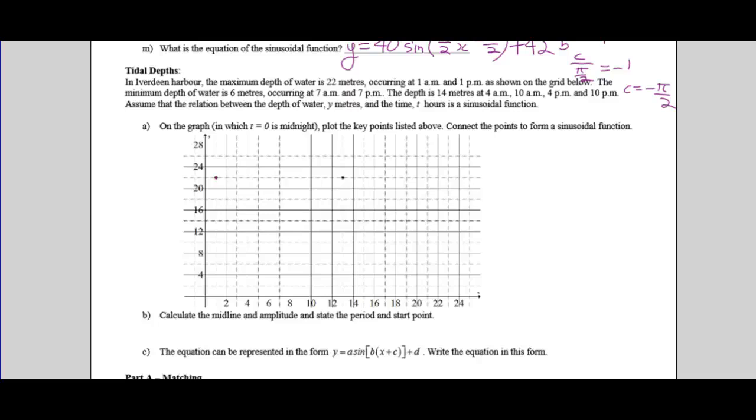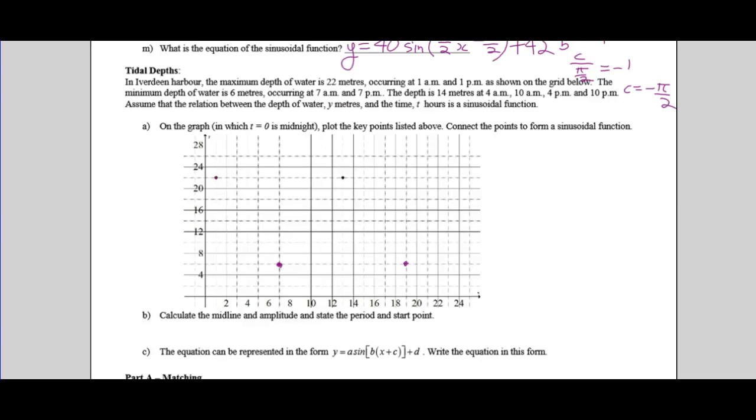The minimum depth of water is 6 meters, occurring at 7 a.m. So we got 2, 4, 6. This will be 7 and 6 meters. So we're going to plot that point there. And 7 p.m. What's 7 p.m.? 19. Okay, so there's 18, 19, 2, 4, 6. Okay, watch the scale. This is by 2s.